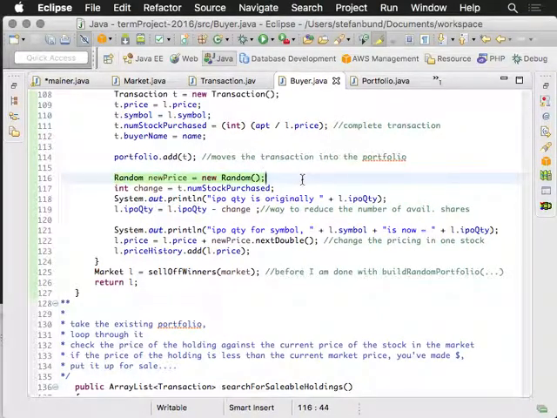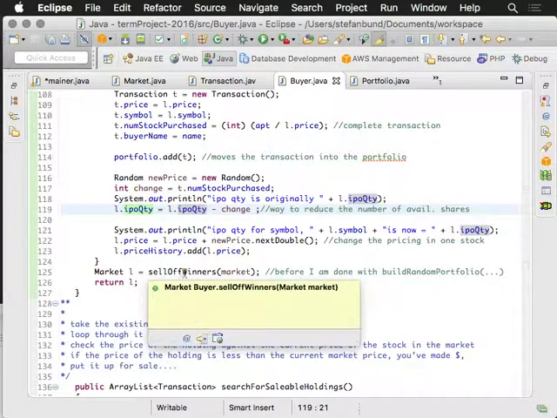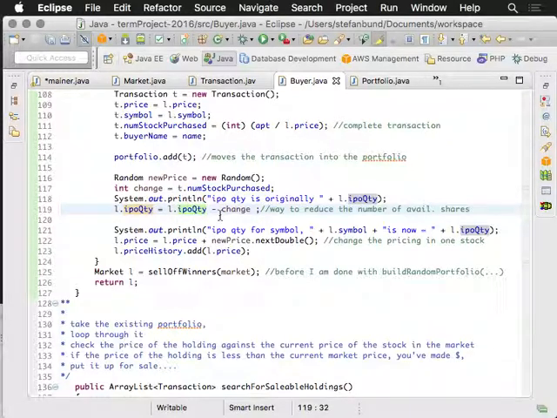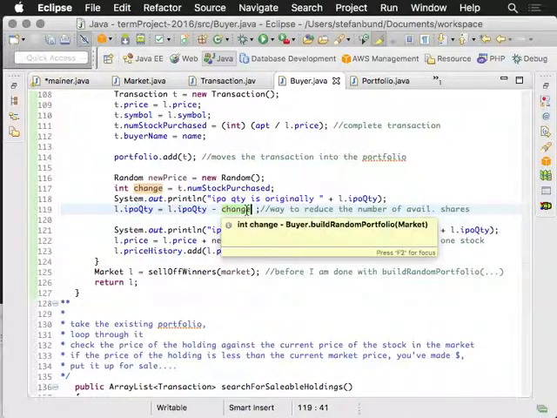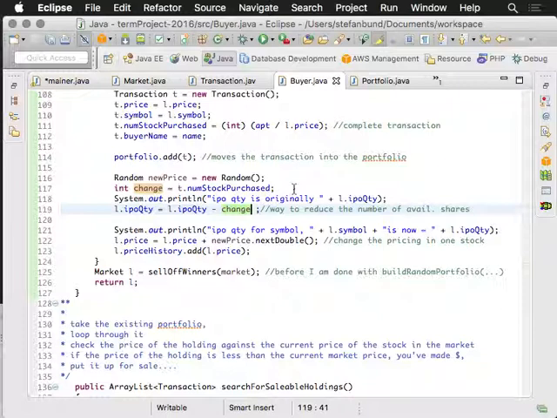let's say you're going to make a transaction. Right before you call sell off winners, you're actually going to change the IPO. So you're going to take the standing IPO and subtract a certain amount of change.